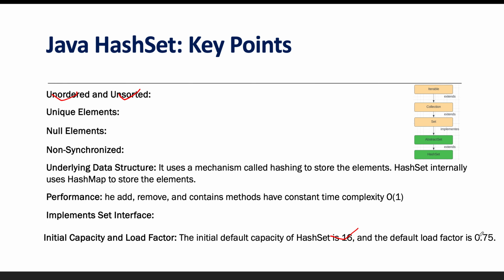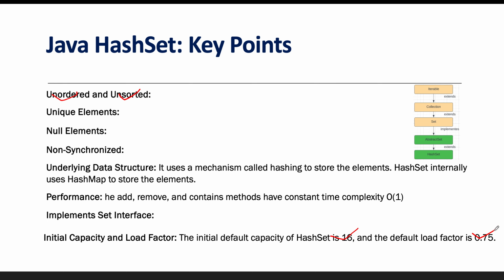And there is a concept called load factor. Load factor is the concept that decides when Java increases the size of the HashSet. So 0.75 means when the default capacity has reached 75%, Java automatically increases the size. There is a formula used to calculate this.